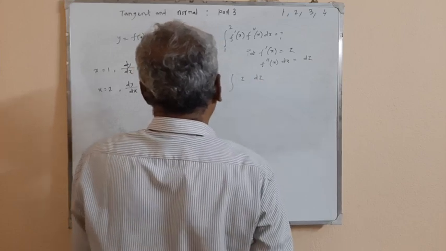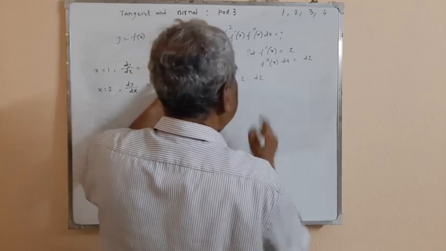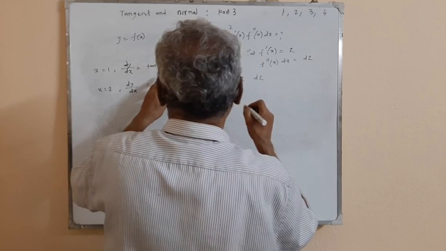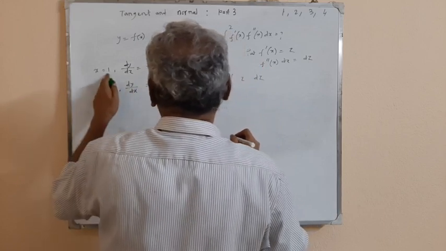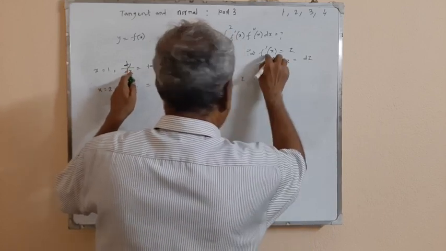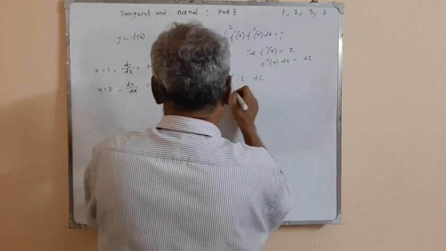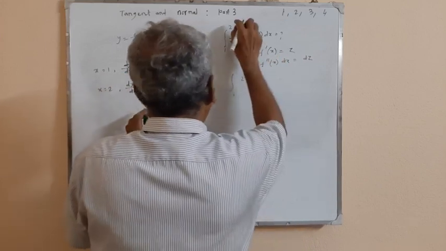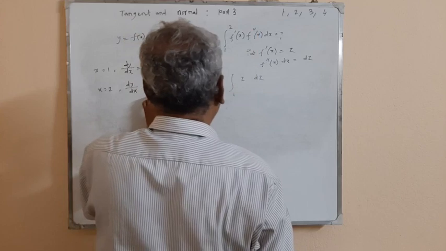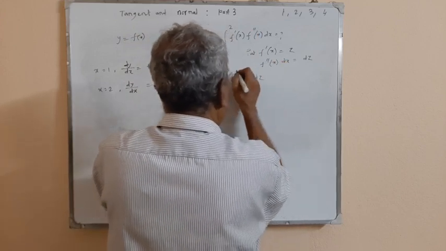When x is equal to 1, z means f'(x), dy/dx, that is equal to 1. When x is equal to 2, dy/dx is root 3, that is z is equal to root 3.